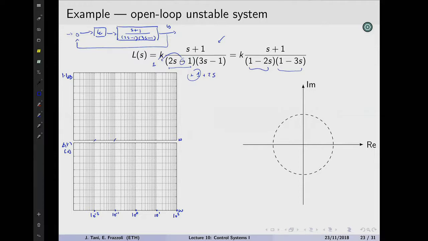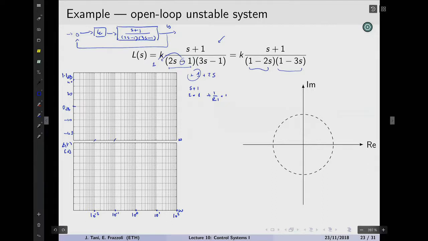Okay, so let's start with the numerator here. We have the term s plus 1. Who's tau? Tau is 1. So 1 over tau is 1, right? And so this is a numerator term. Let's suppose that these are 0 dBs. Then let's suppose that these are minus 20, these are minus 40, these are 20, and these are 40 here.